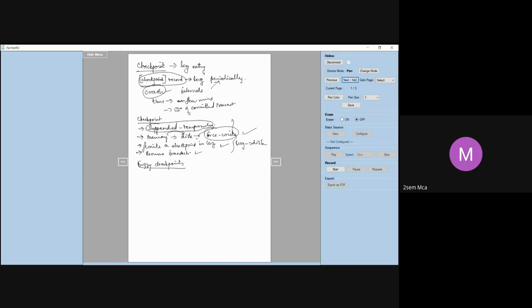Once you write the checkpoint record in the log, you can start resuming the suspended transactions, so that you need not wait for the force write to be completed, and the delay in the transaction is reduced. Okay, that is about checkpointing and fuzzy checkpointing.